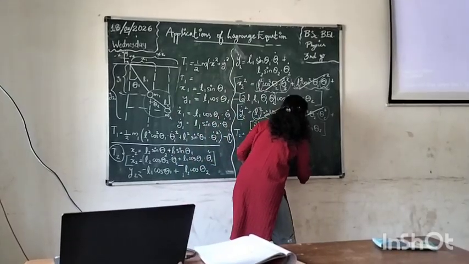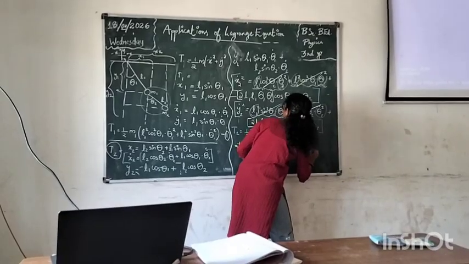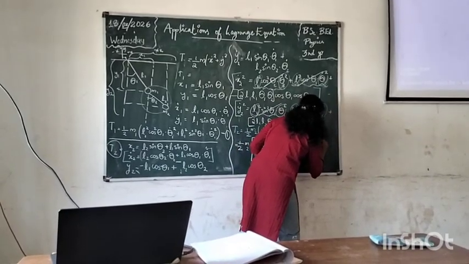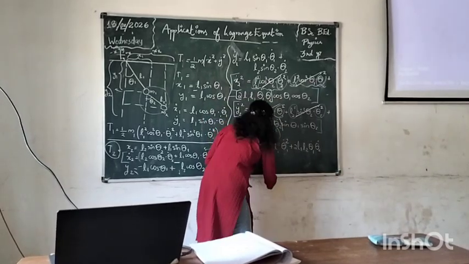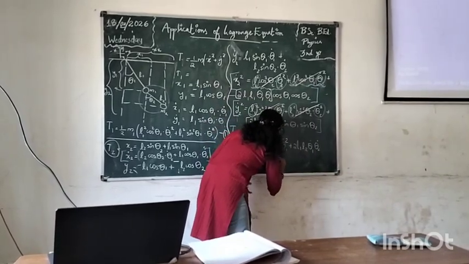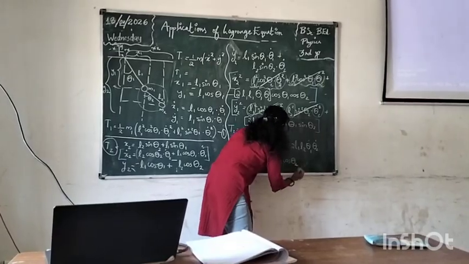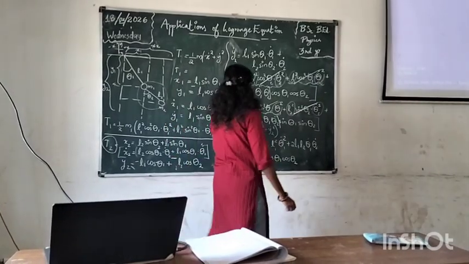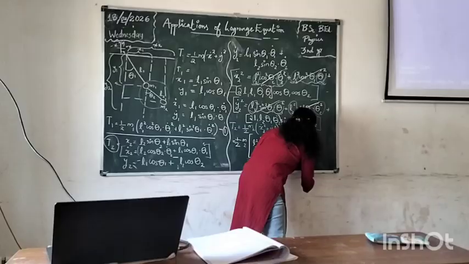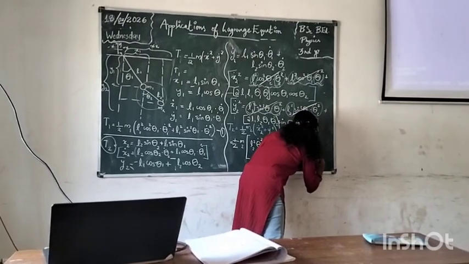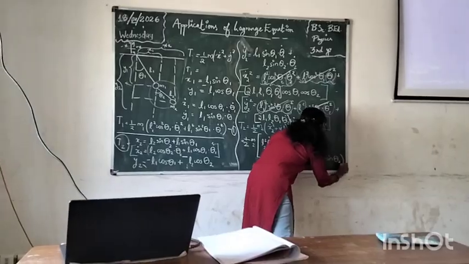So it will be 2L1, L2, theta 1 dot, theta 2 dot, and inside we will have cos theta 1, cos theta 2 plus sin theta 1, sin theta 2.